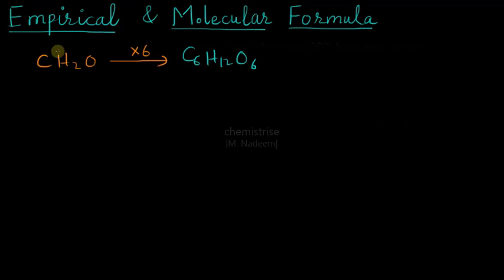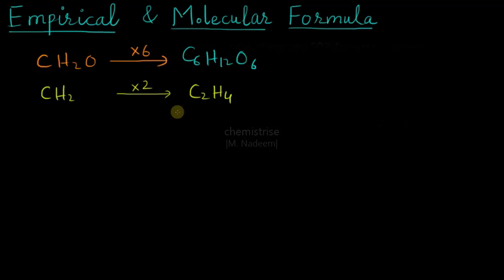But it's not always the case. Let's see a compound whose molecular formula is C2H4 and its empirical formula is CH2. To convert this empirical formula into the molecular formula, you need to multiply it by 2.